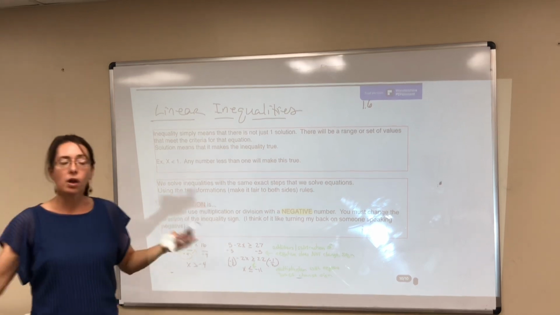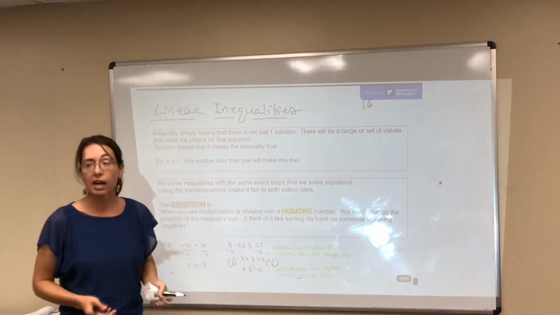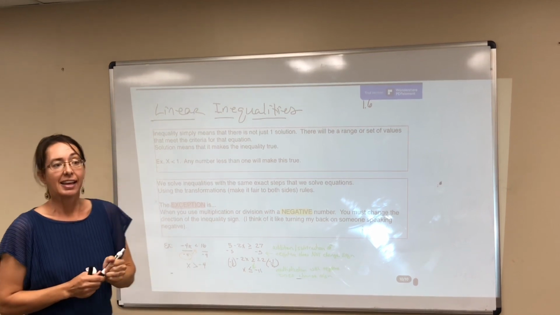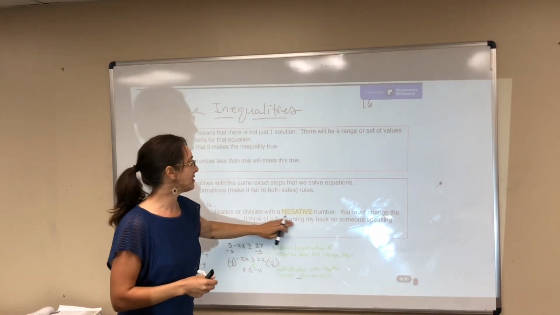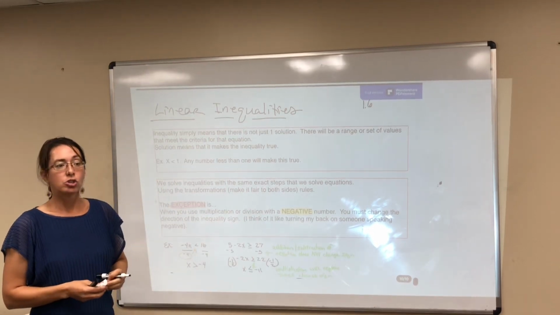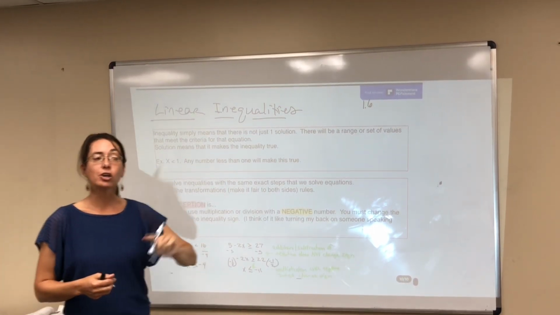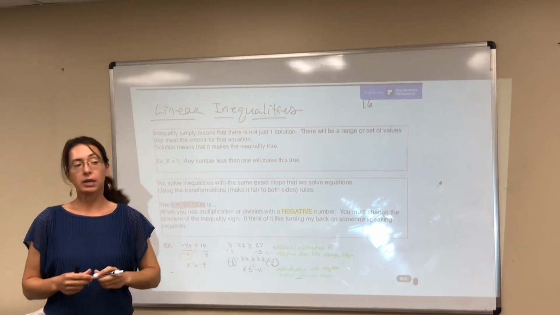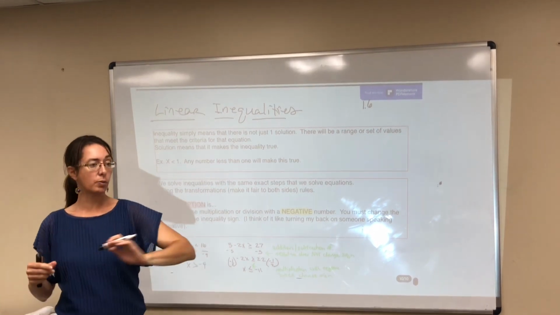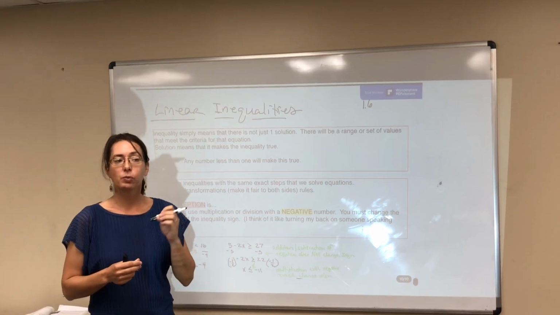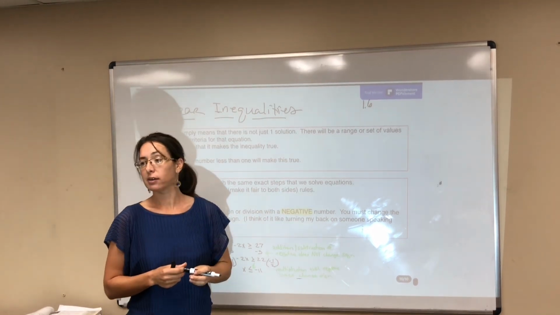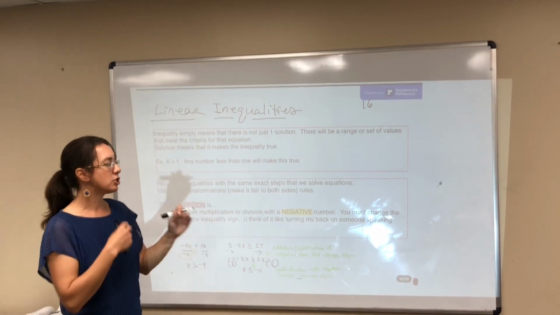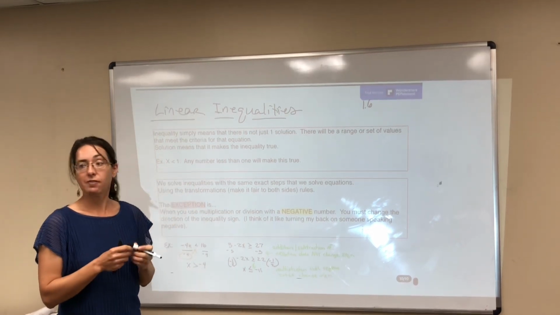So inequalities are solved exactly like equalities, with one exception, and that involves a negative number. If we are adding or subtracting a number across a side, it doesn't change it at all. It gets to whenever we have to divide or multiply by a negative number, and that it switches the direction of the sign.